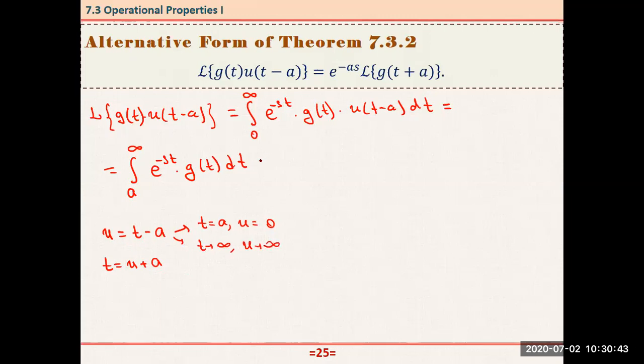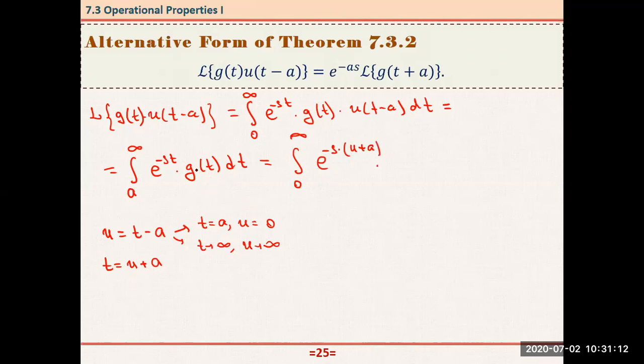So making these substitutions, I'll change the independent variable. If I change t to u, then u goes from 0 to positive infinity. Here we have e to the power minus s times what is t? From here, t equals u plus a, so we have u plus a.